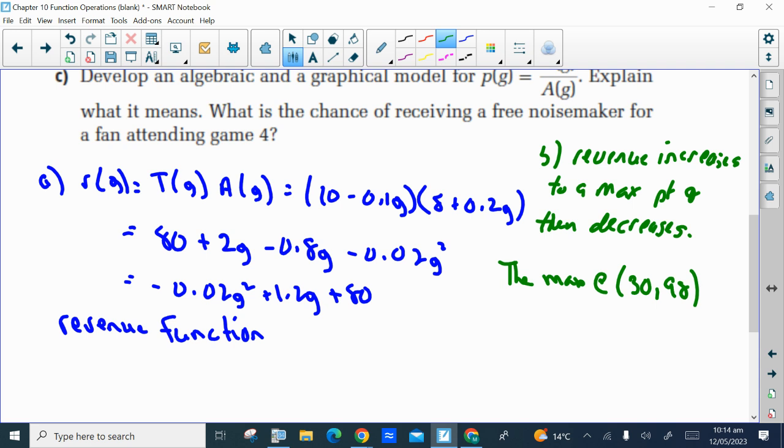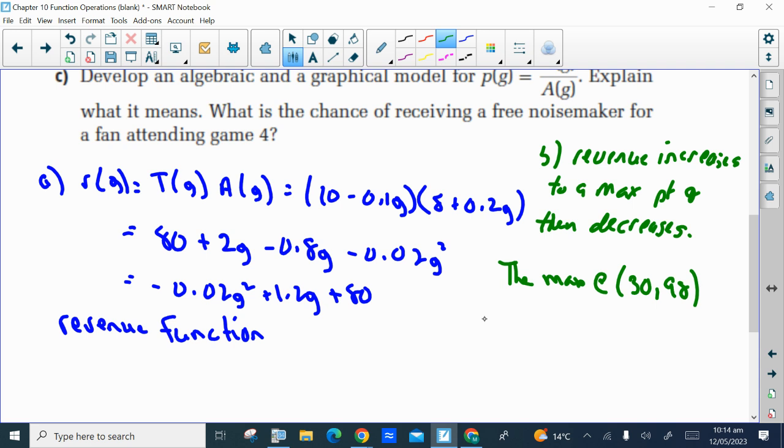Now remember that G stands for the game number, and if we look at what A is, it's in hundreds, okay? So on our y-axis, we will have in hundreds.